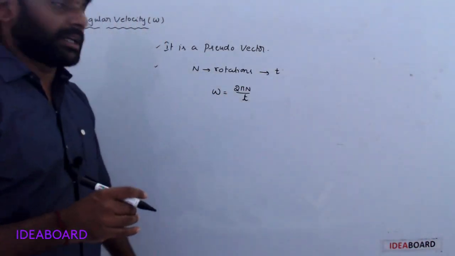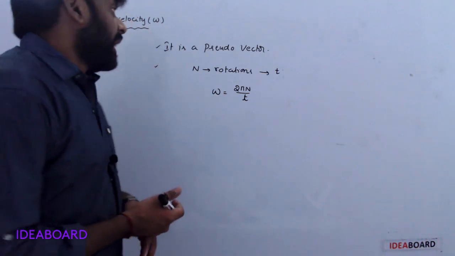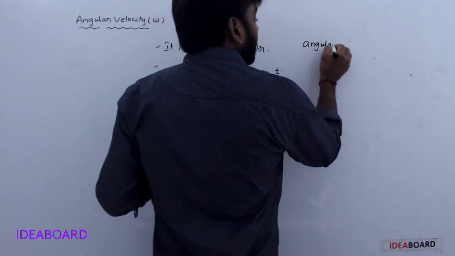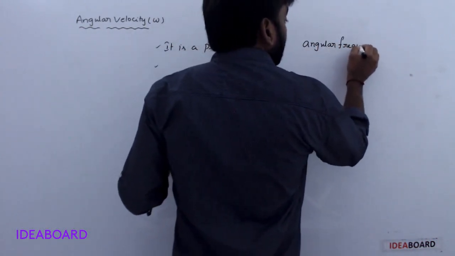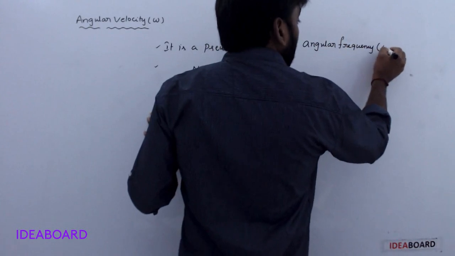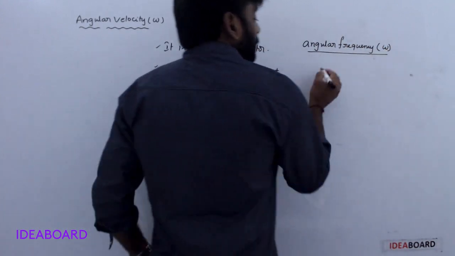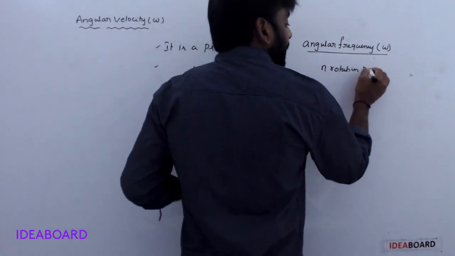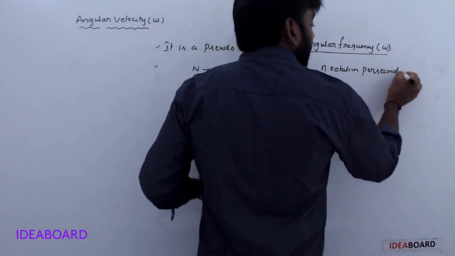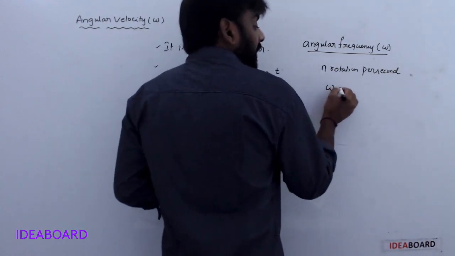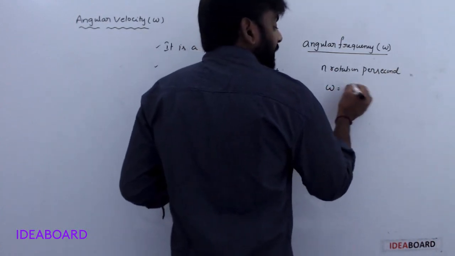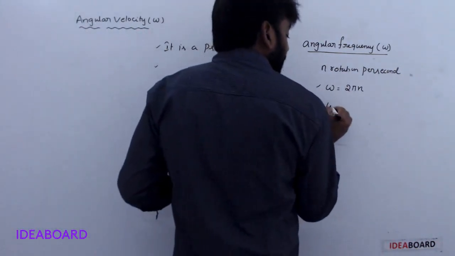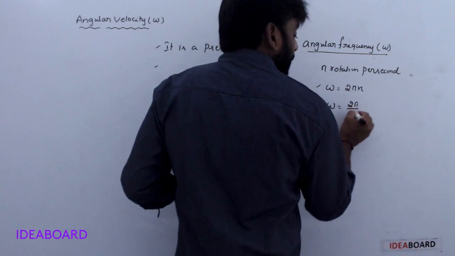Another name for angular velocity is angular frequency. So for n rotations per second, angular velocity or angular frequency is equal to 2 pi n. At the same time, it can be written as 2 pi by T.